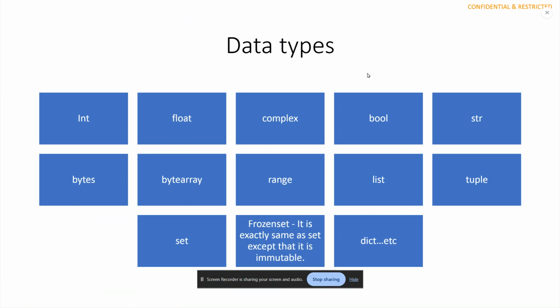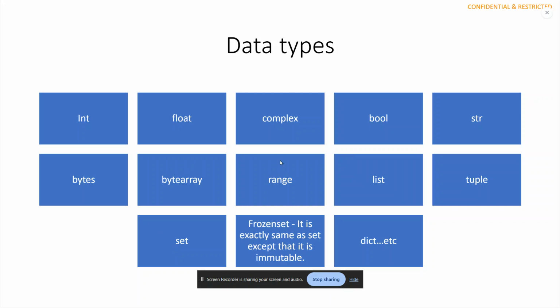Data types. Like I said, you might already be aware of these from other coding languages. It's more or less the same. But again, Python has its own inbuilt data types to make your life easy. We'll talk about list, tuple, set, and these are very strong and very useful.